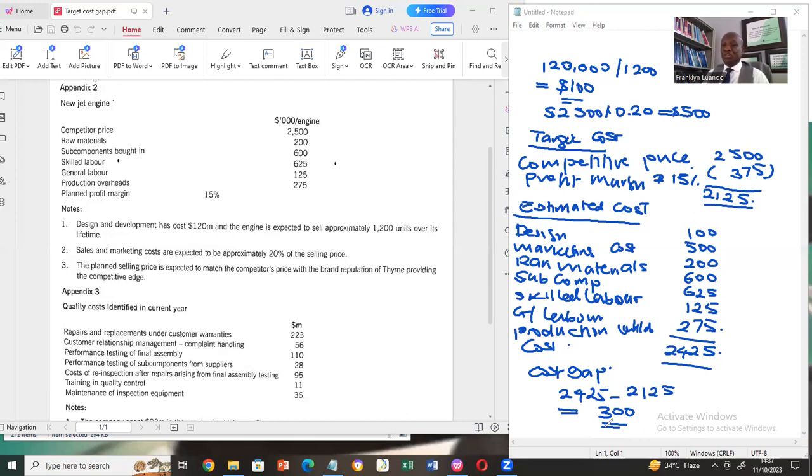But now the estimated cost of production is 2,425. Therefore, the difference of 300, that is the cost gap which must be reduced using the strategies that we have identified. But we can also use other costing systems like Kaizen costing system or business process engineering to reduce the cost.